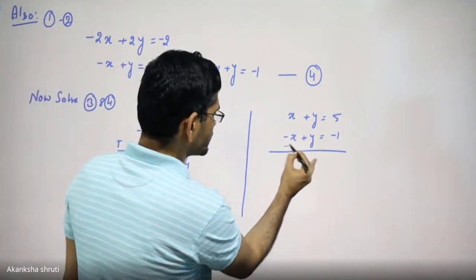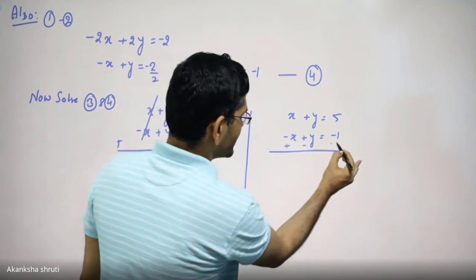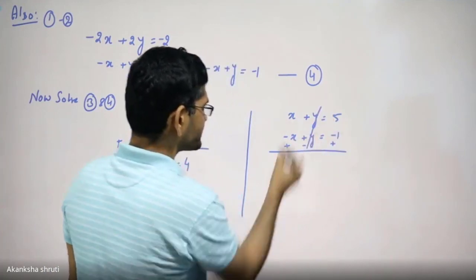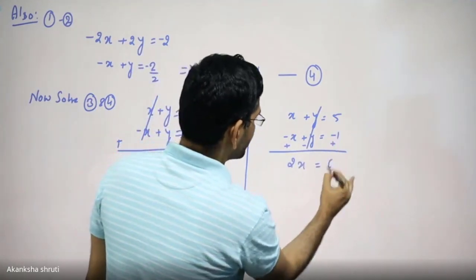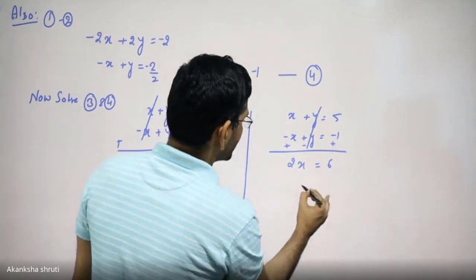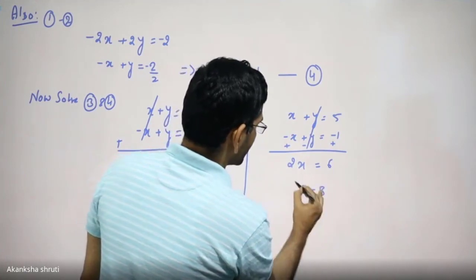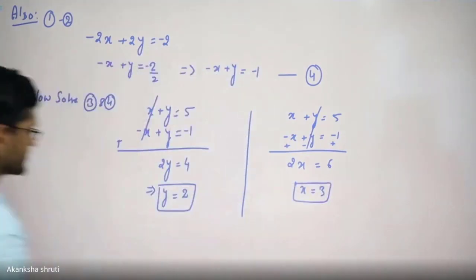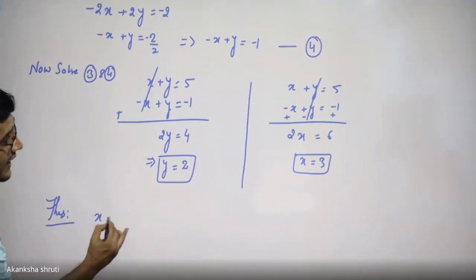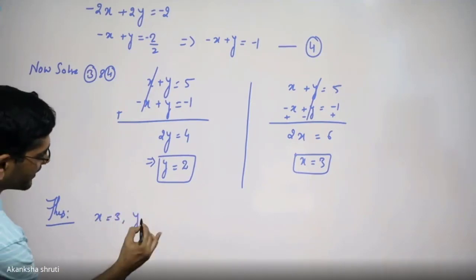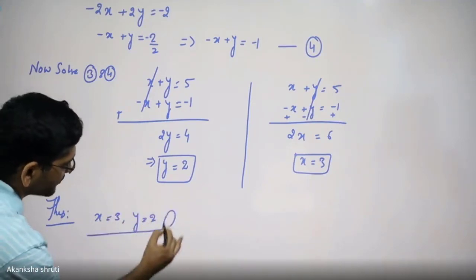Subtracting the equation 2, change their sign, minus, it is plus, it is cancelled. x is our 2x is equals to 5 plus 1 is our 6, x is 3. So thus we have obtained x is 3 and y is 2. This is the required answer.